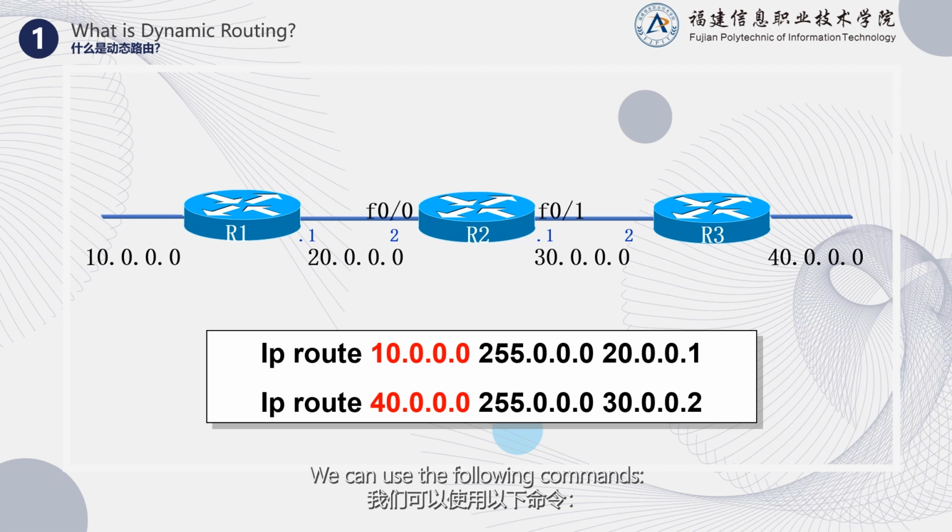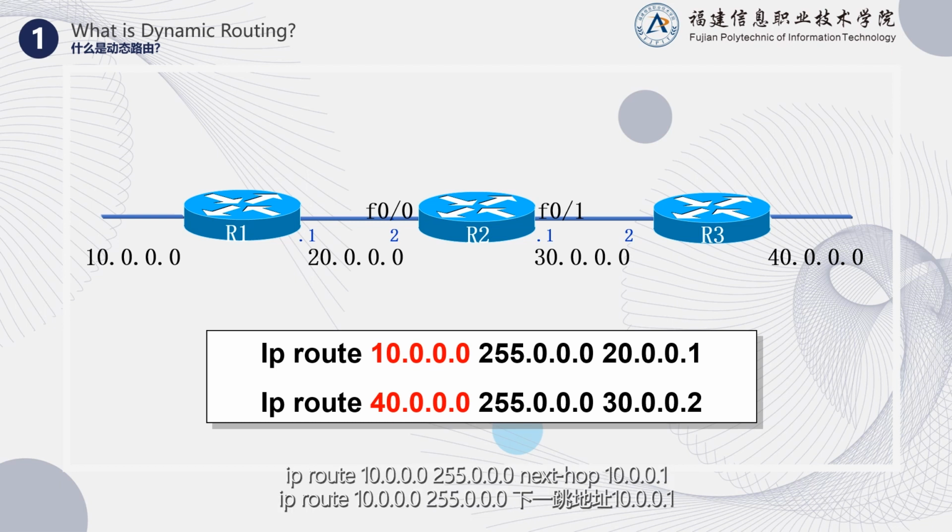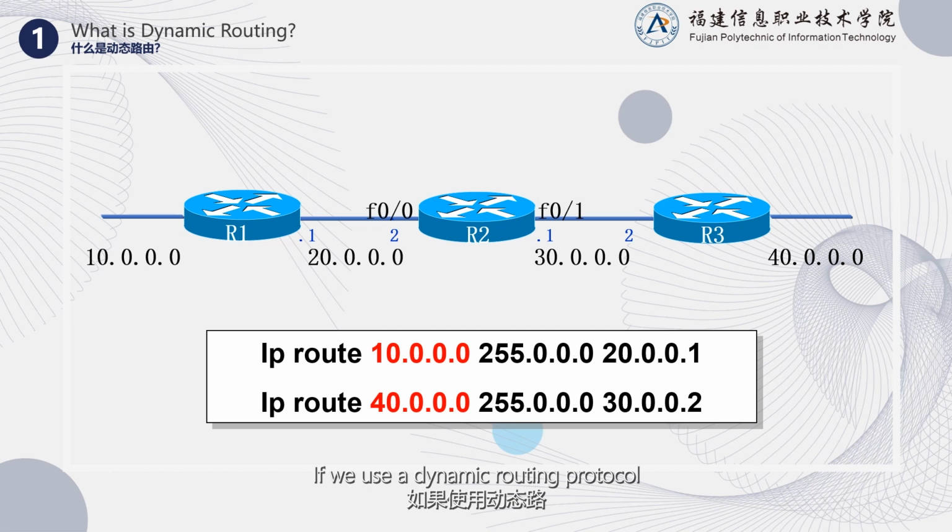We can use the following commands: ip route 10.0.0.0 255.0.0.0 next hop 10.0.0.1, and ip route 40.0.0.0 255.0.0.0 next hop 30.0.0.2. If we use a dynamic routing protocol, we don't need to manually write the routes.